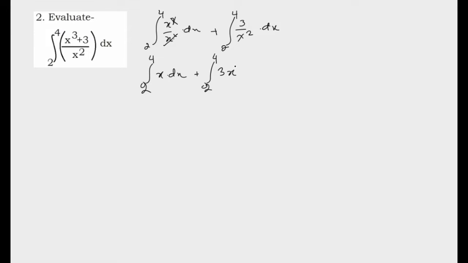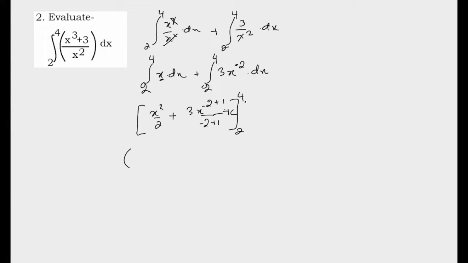3 remains 3, but x to the power 2, I can bring up to the numerator by changing the sign of the exponent, which is minus 2 in this case. And we will integrate them now. The integration of x is x squared over 2. Here minus 2 will go up by 1, so plus 3 times x to the power minus 2 plus 1, and similarly we divide by the same exponent we just got, minus 2 plus 1. It is from 2 to 4, and plus c was also there.